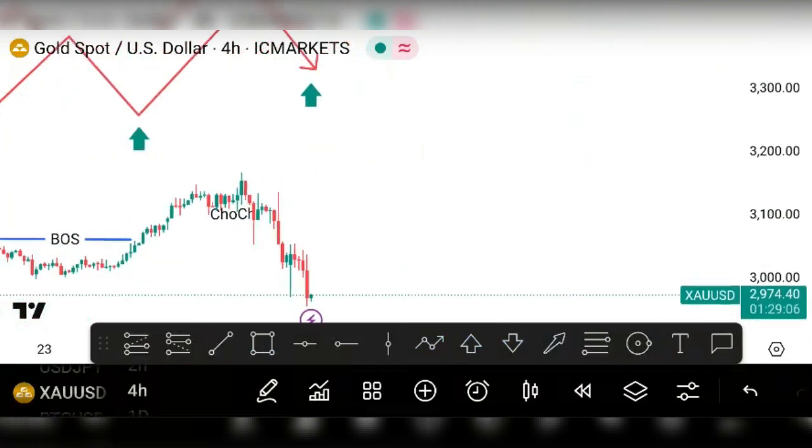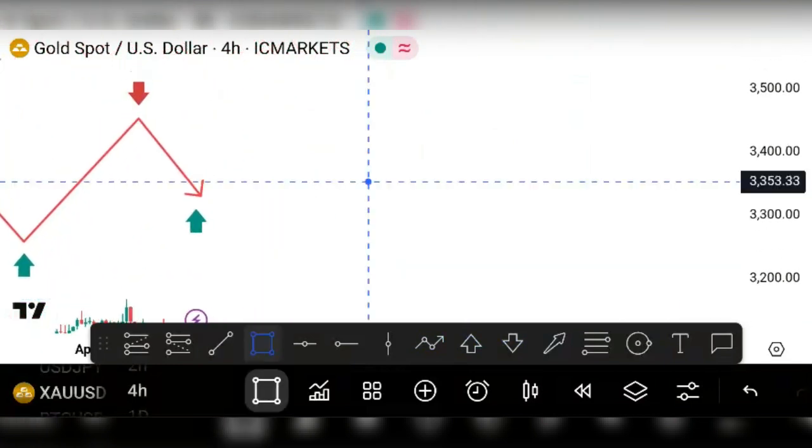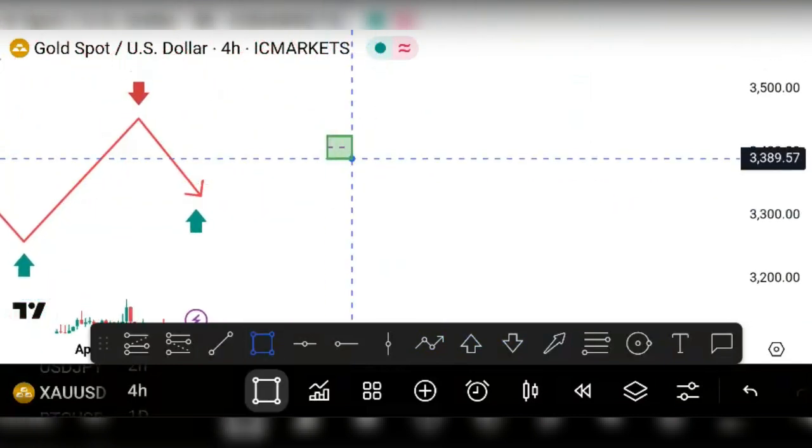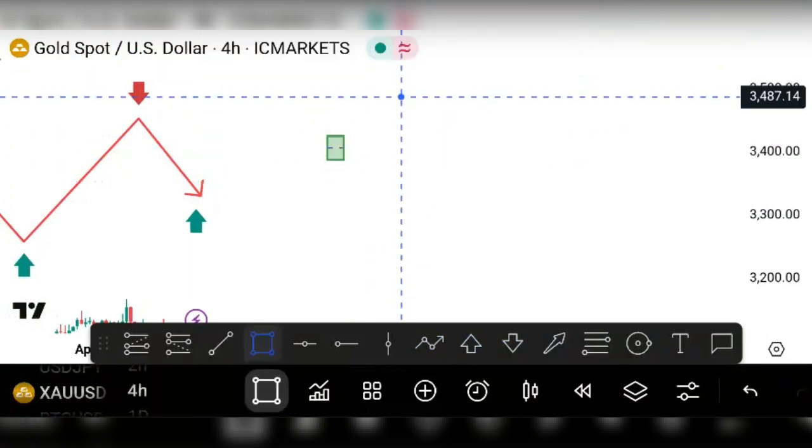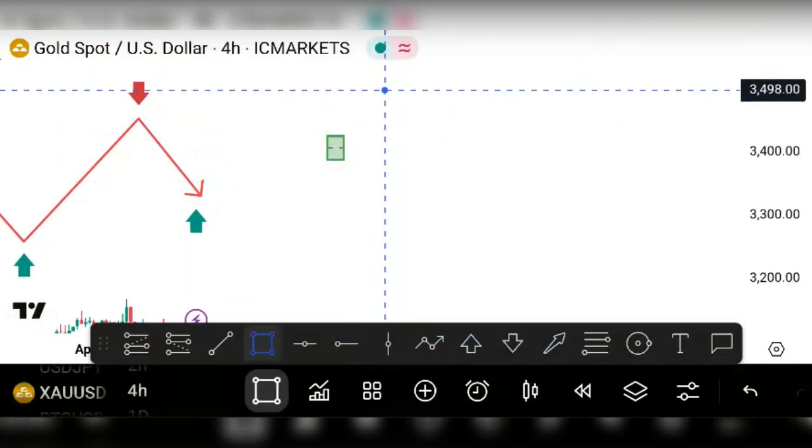And how do you identify your supply zones? Supply zones are, let's say for example, we have something like this.